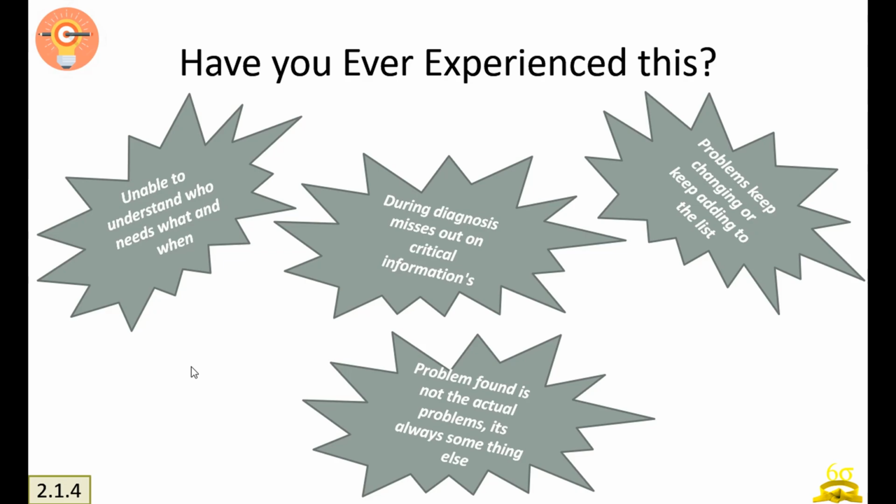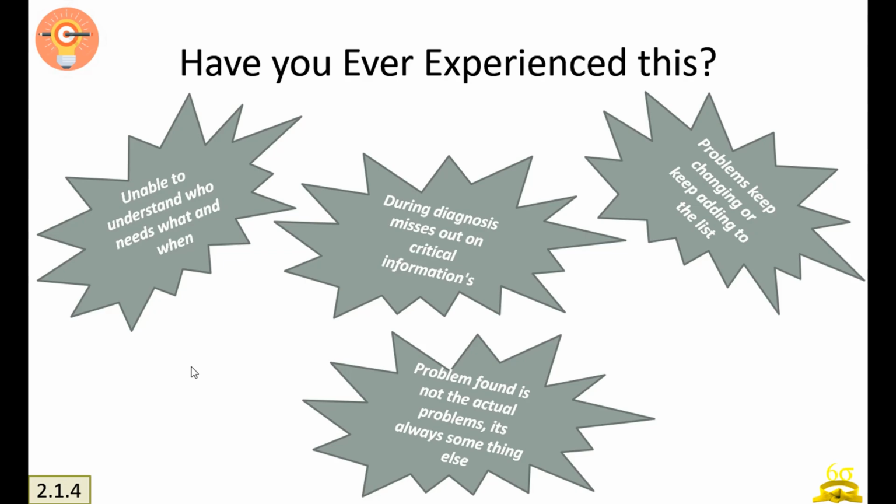Once you do a deep level understanding of this, then during diagnosis you don't miss out on critical information. If you go to them and ask exactly what they need, what they do exactly, then you won't miss out on all this information. Problem found: I told you about the second part of it, where you go from a generic statement to a specific statement, and we will learn how to verify all those things in the coming sessions, right?